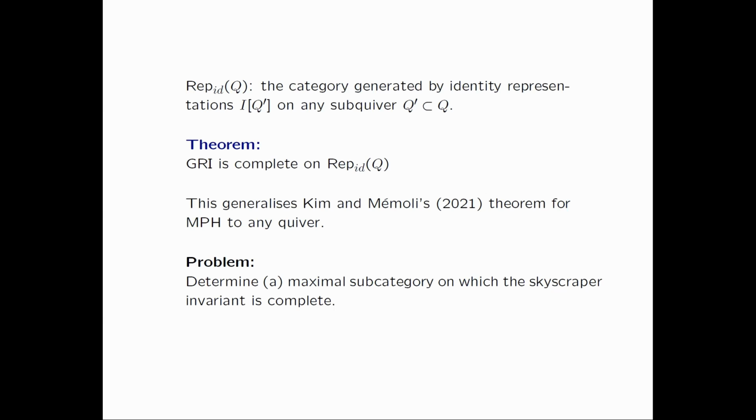And that theorem and also the proof easily generalize for the GRIs defined on any group. So that's helpful. One thing we haven't yet been able to do, which is an obvious open question, is to understand what is the maximal subcategory where the skyscraper is a complete invariant. So somehow characterize where the skyscraper can tell us something more.